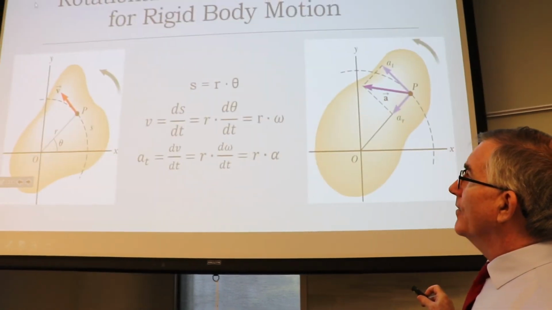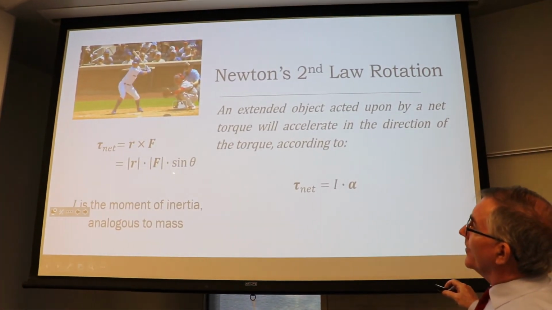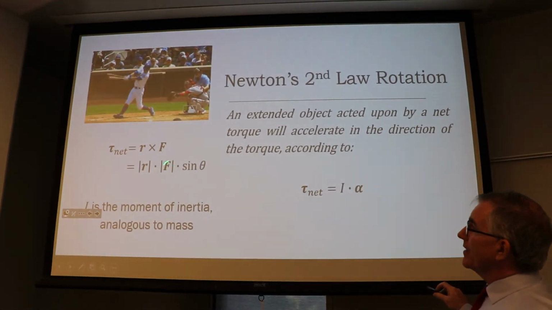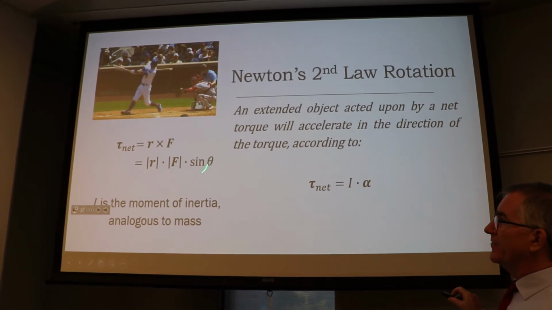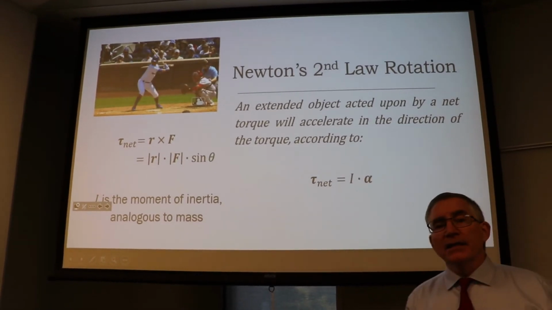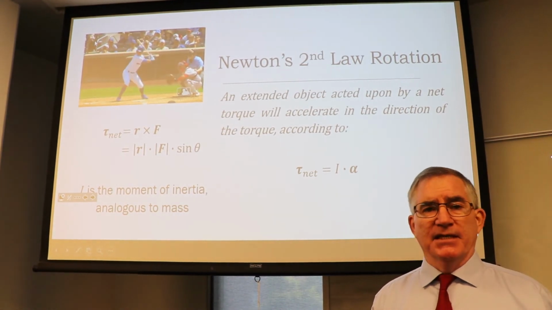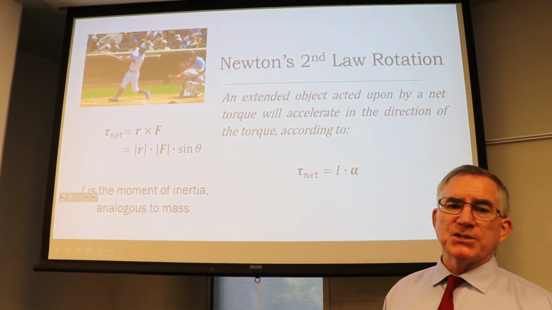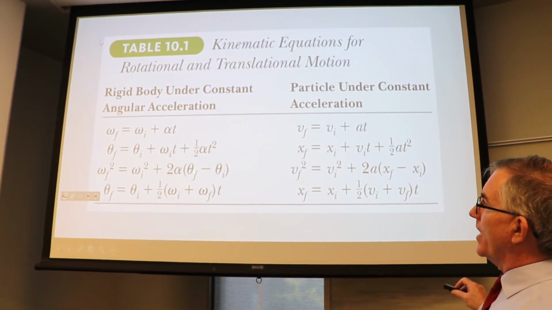All right. Now, if you go back over here, you can see the force for the tau net, it's r times F sine theta. Well, the force can produce some really crazy acceleration. So if you have a constant force, then you can just go to these equations.